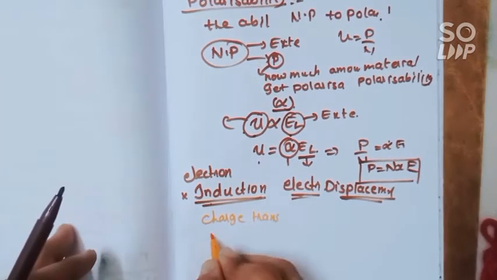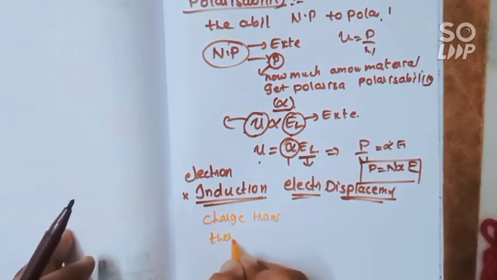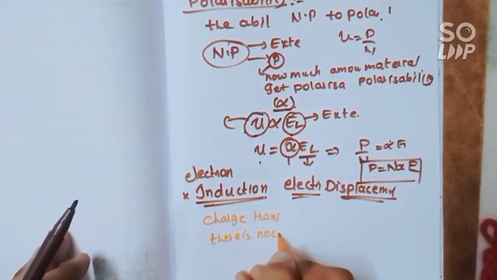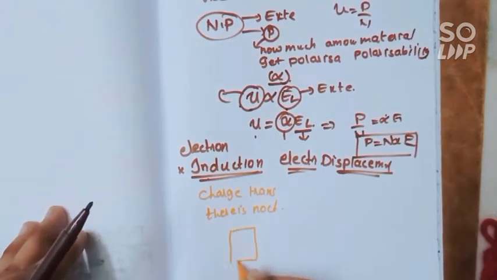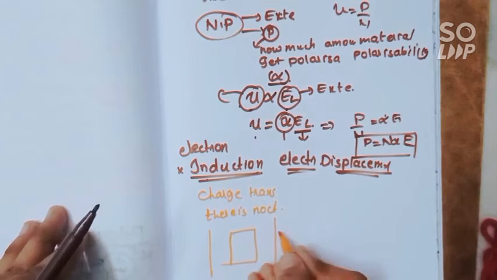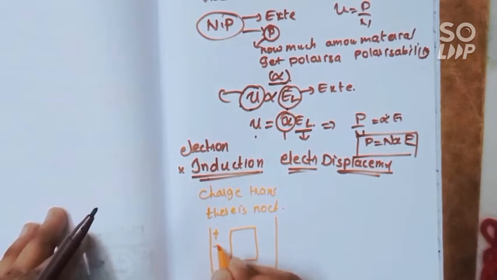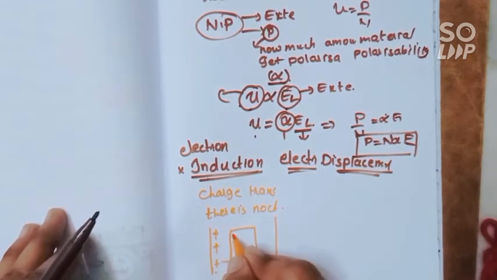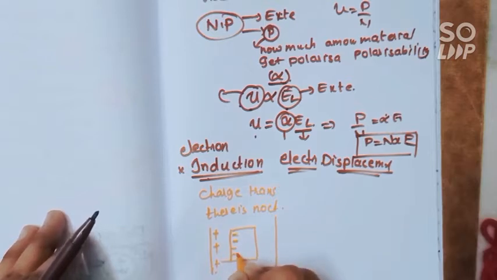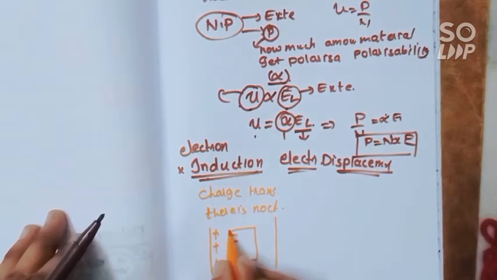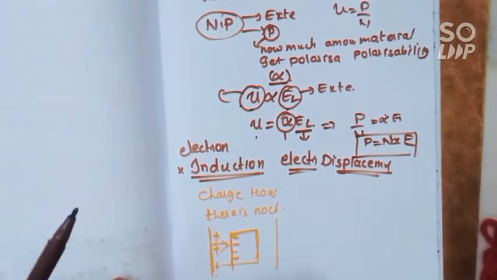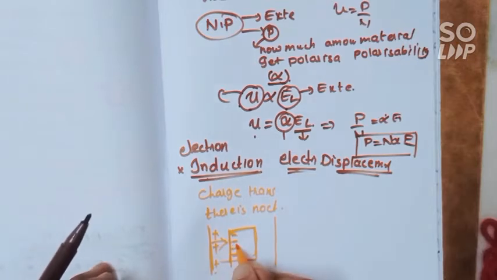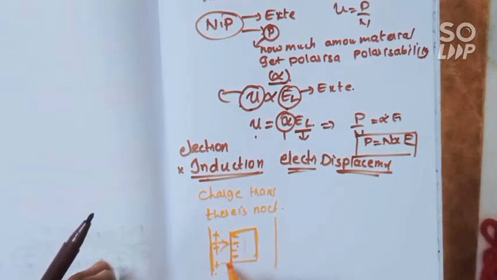There is no contact between the bodies, but charge gets transferred. In a capacitor, for example, the charge of the positive plate is induced onto the dielectric, and the negative charge is induced as well. The dielectric and the capacitor plate are not touching each other, but the charge has transferred. Such transfer is known as induction.